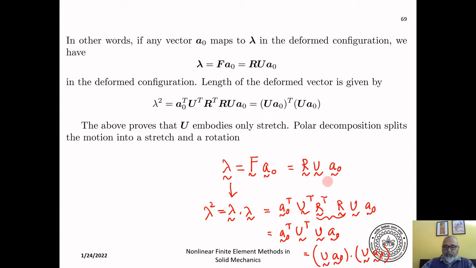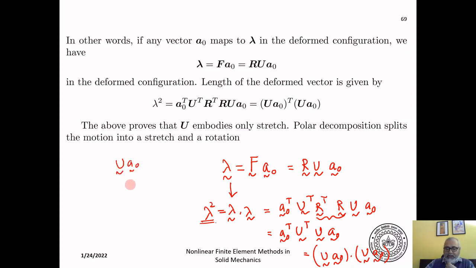So the squared length, or the length, depends only on U, and the stretched length of this vector A naught is simply U A naught.